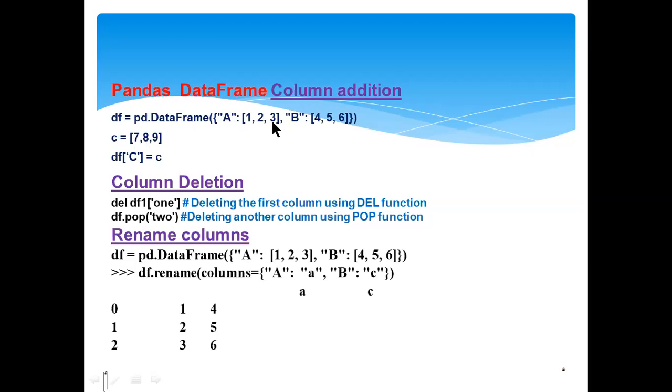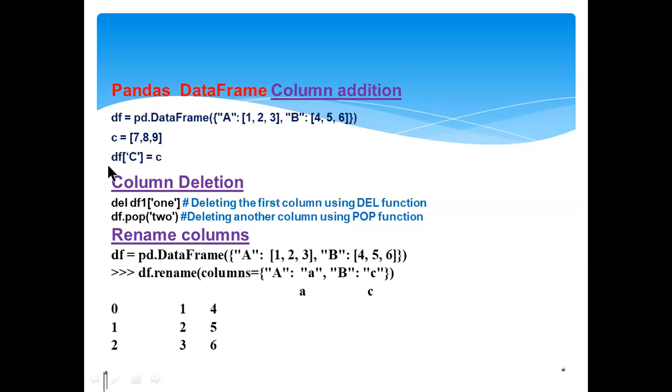You have already assigned a and b, with the numbers 1 2 3 4 5 6. Now this is another value which I have to add in this dictionary: c = 7 8 9. See, 7 8 9 is not there, so I have to add this value.